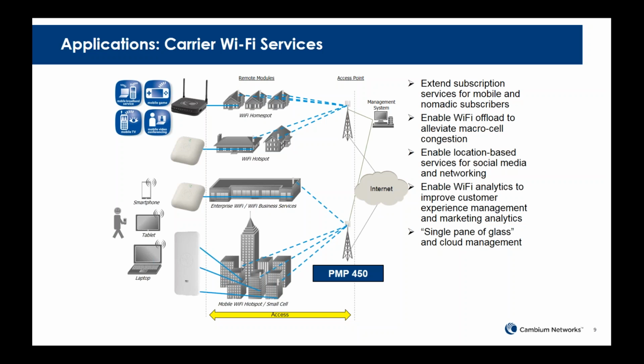We can do location-based services. That's the ability to tell approximately where somebody is. So if I know I've got a particular access point installed in a particular place, for example, mounted in a coffee shop on Main Street in a small town, and I know exactly where that is, I can tell when any device is connected to it.